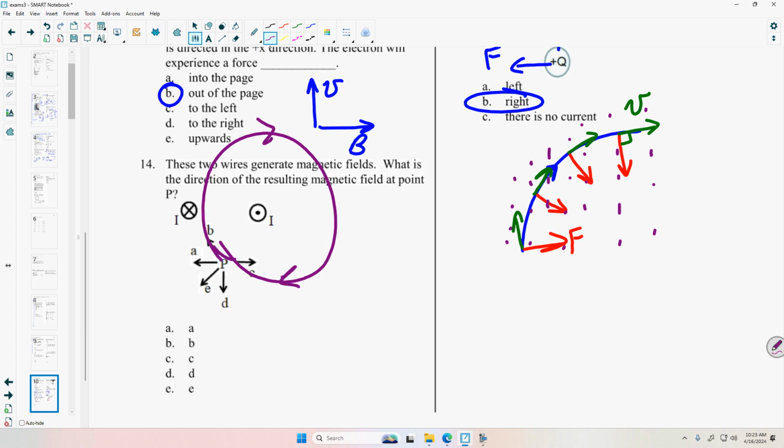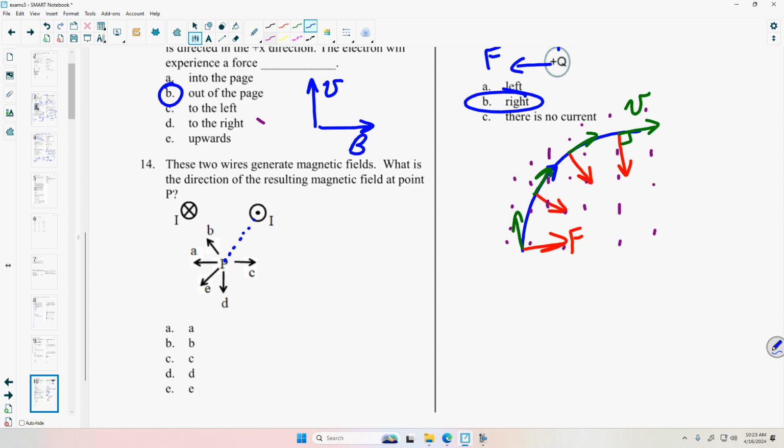At the point P, at this point, I get an arrow or a vector for the magnetic field that is in that direction. I don't recommend that you draw those circles that way, even though it might help you to see it, but it just makes your page really messy. And so what I recommend is that you draw a radial line.